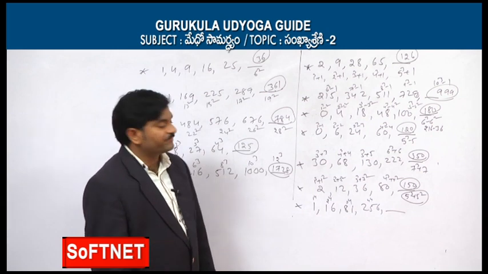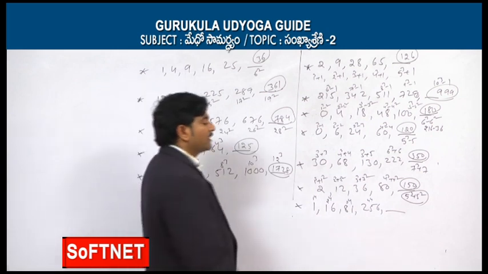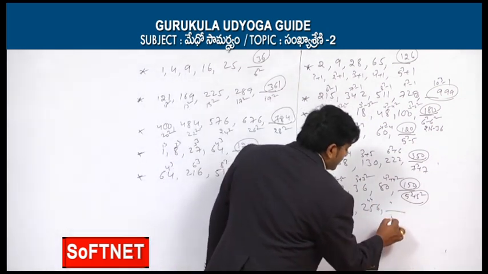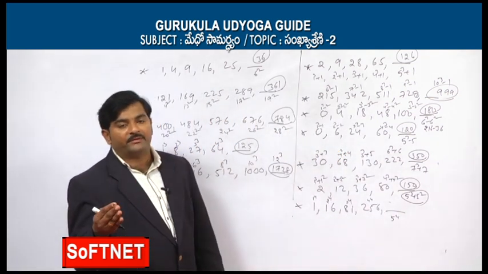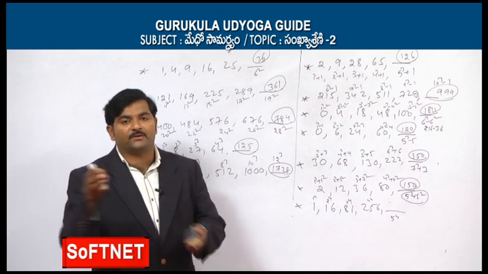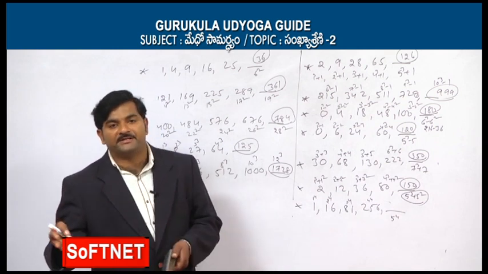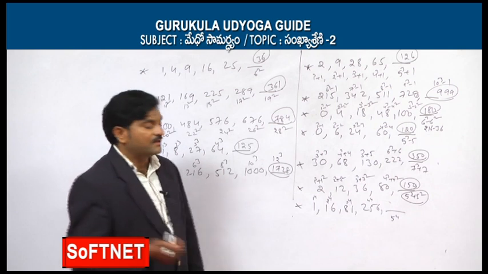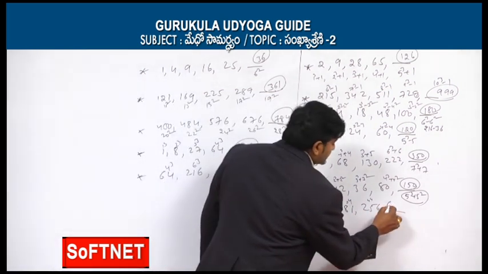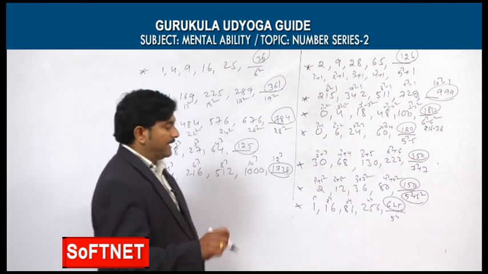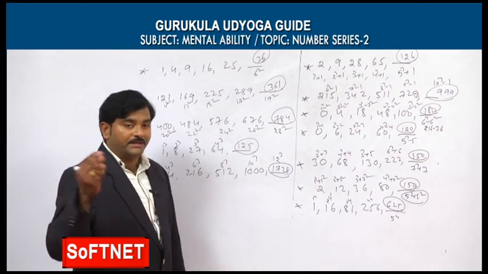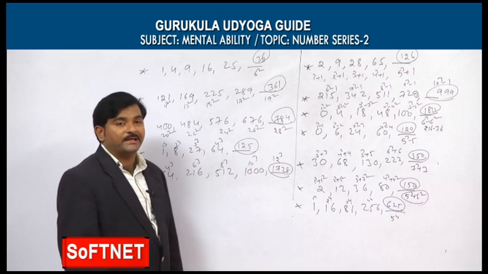Next, obviously, we have to get 5 power 4. 5 power 4 means 25 into 25, or 25 square. How much can you write? It is 625. Hence, it is in the model of n power 4, where n is equal to 1, 2, 3, 4, 5 and so on.